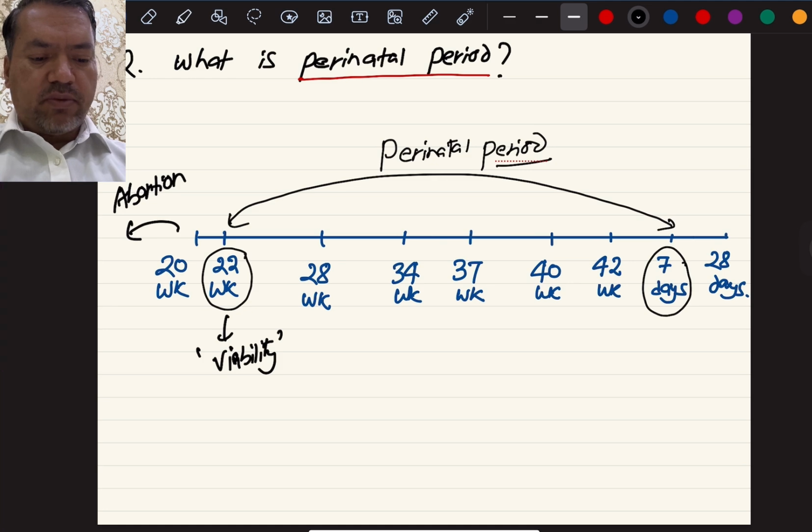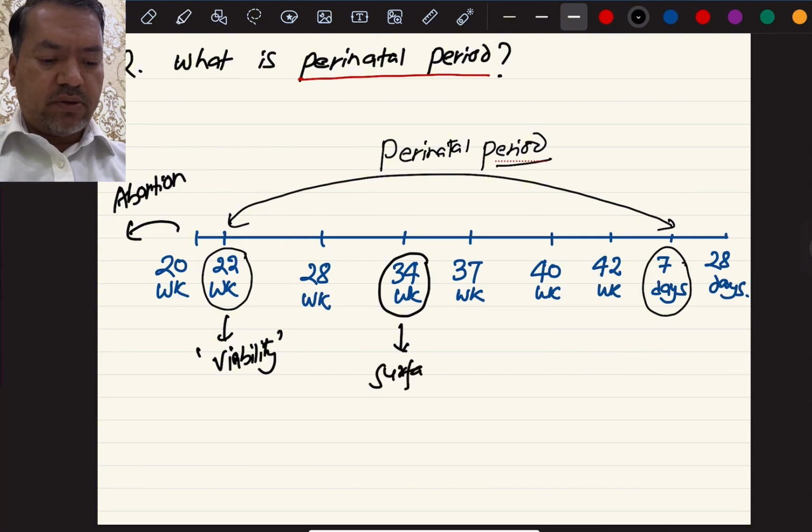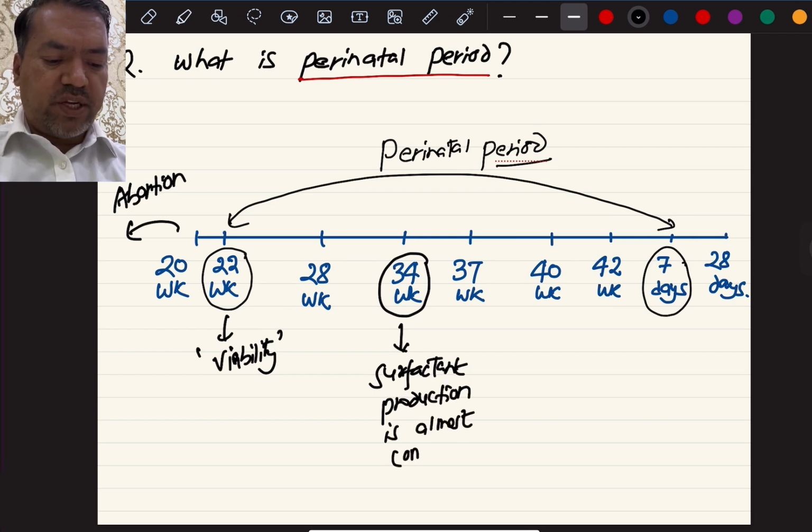Now another very, very important period, the question will be actually 34 weeks. You know why? Because surfactant production is almost complete at 34 weeks of gestation. And if the baby is born after that, the chances of hyaline membrane disease will be very less.